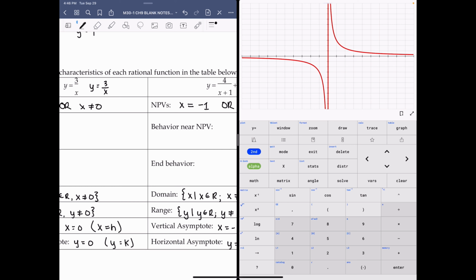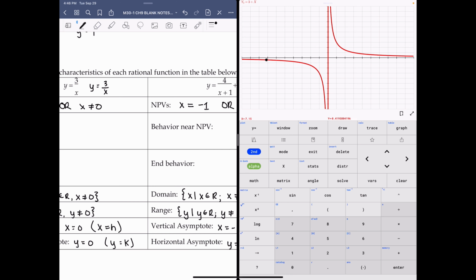We see this red part here, we've got this part and this part, but then we've also got the red line in the middle, which is showing us our vertical asymptote, but it makes it look like the parts are connected. They're not. So just keep that in mind when you graph a rational function using your graphing calculator. The two sections are not connected, even though it may look like it in the graphing calculator.